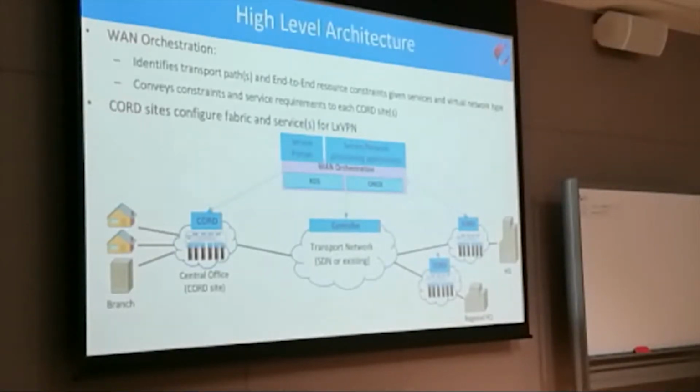We have a WAN orchestrator with a service portal for the customers' requests, XOS for the service graph management, and the global ONOS, which takes care of controlling an abstract view of the underlying topologies. And then we have multiple edge sites, specifically Cord sites, and possibly even the transport network under the control of the platform.